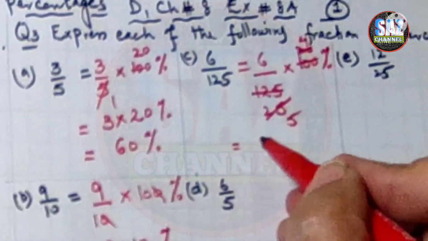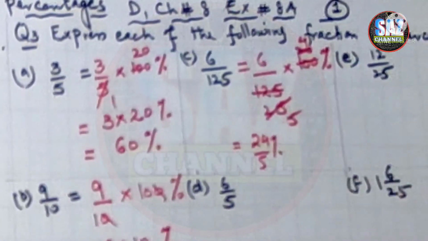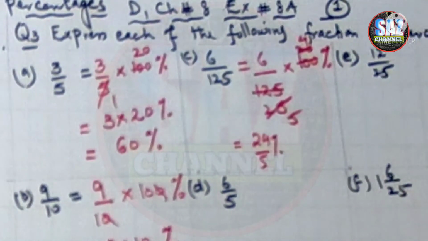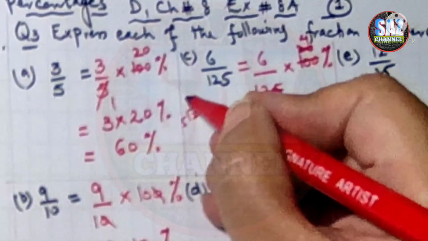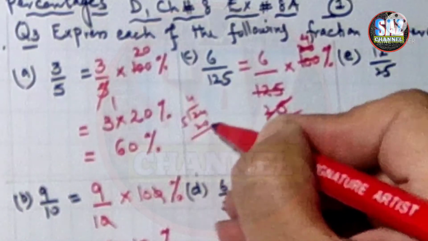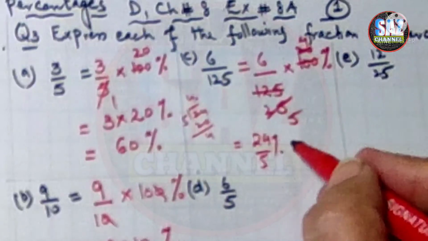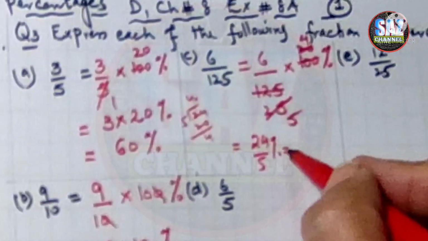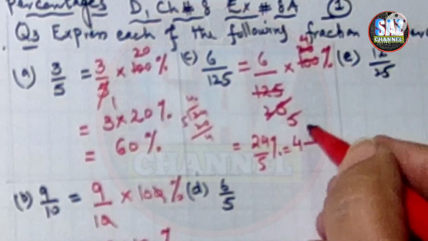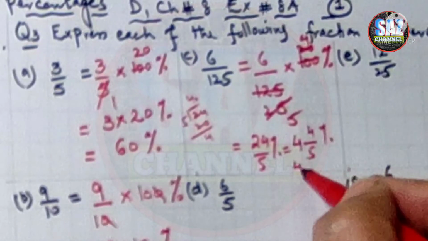Which is equal to 24 by 5%, and I have to divide 24 by 5. 5 fours are 20. Let me divide it over here. 24 by 5, 5 fours are 20, and 4 is left, giving 0.8, so 4.8%. 4 whole, 4 by 5%, or 4.8%.